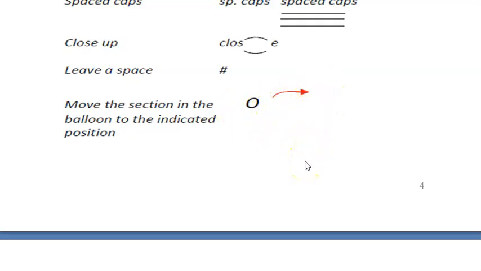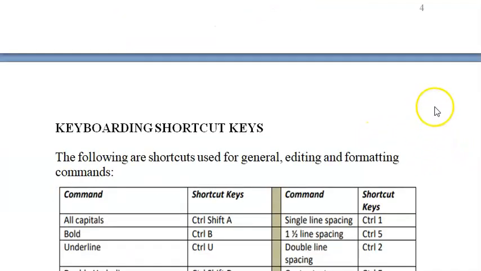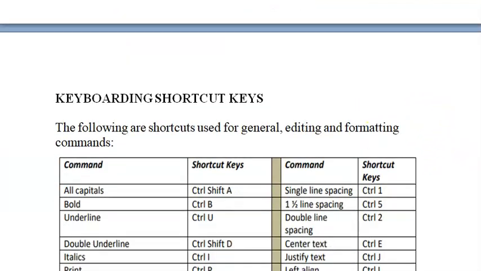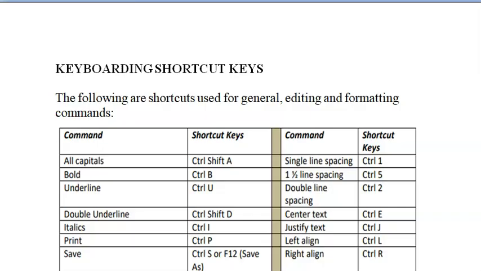It means to move this section in the balloon to the indicated position. And this is very common in the subject. So don't look for an O like this, but look for this O being around an entire paragraph or sentence or group of words to tell you to move that to somewhere. Alright, so that is that for those manuscript signs. There are many others, but those are the most common ones that you may see.